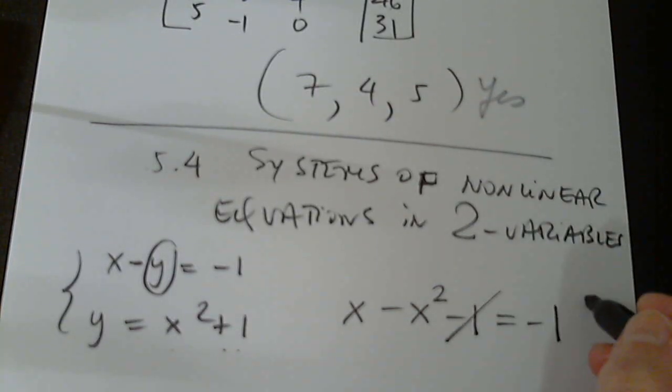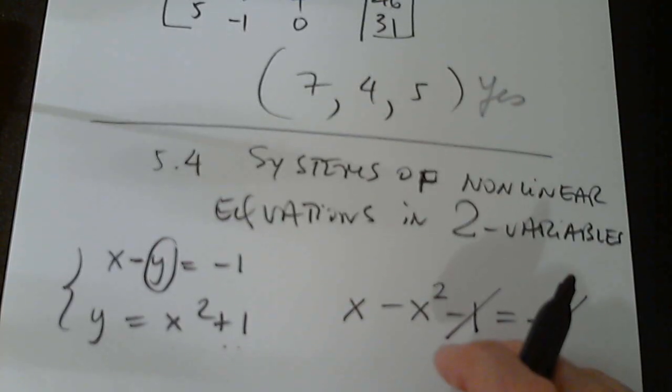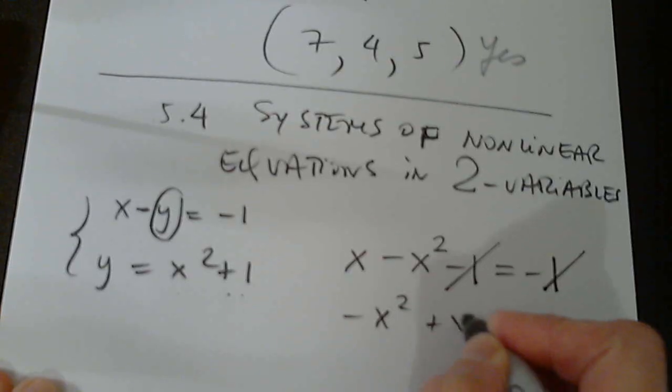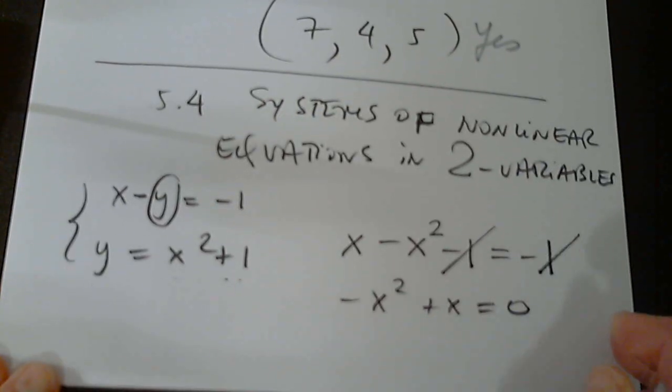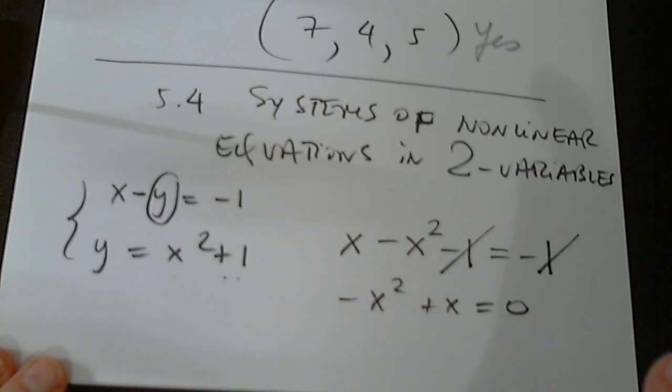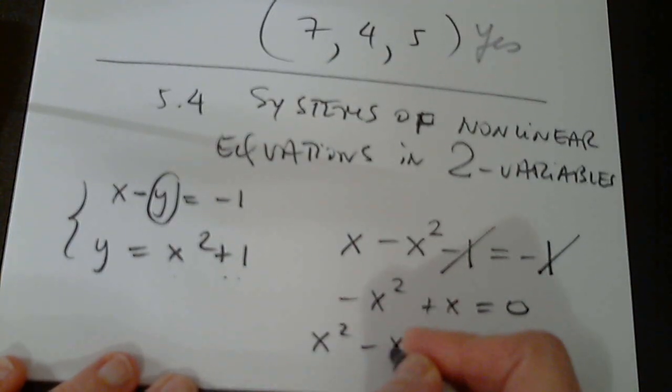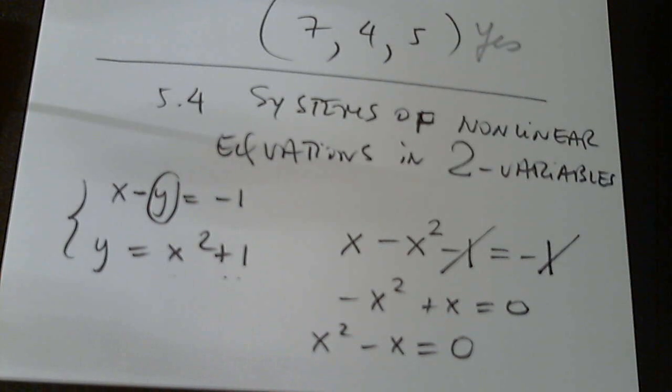When we add 1 to both sides, 1 disappears. -x squared plus x equals 0. We multiply both sides by -1. I always kindly ask my students, refuse to solve an equation with a negative leading coefficient. It's so elegant and easy to eliminate that.